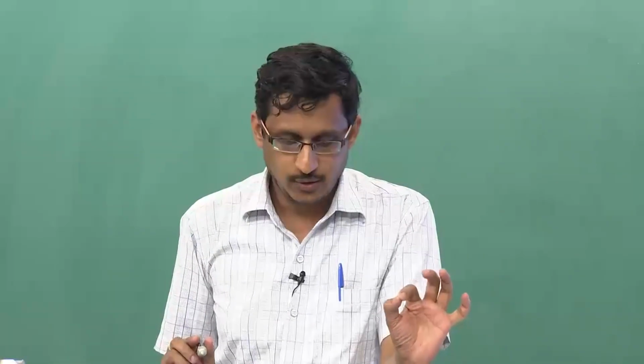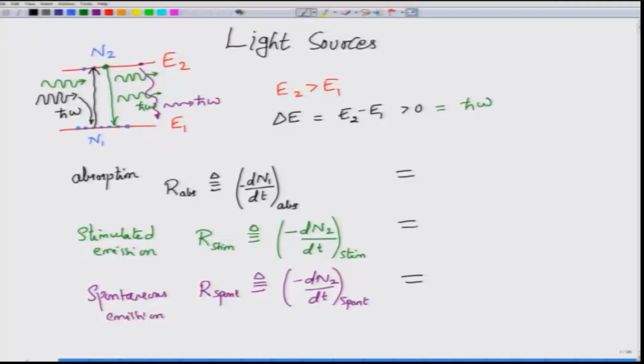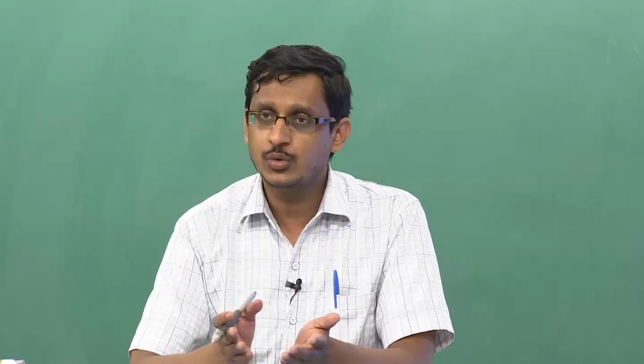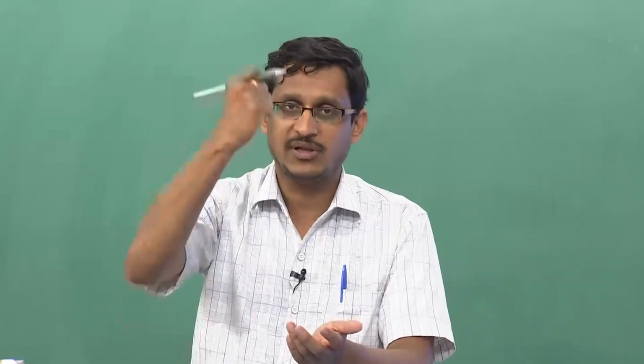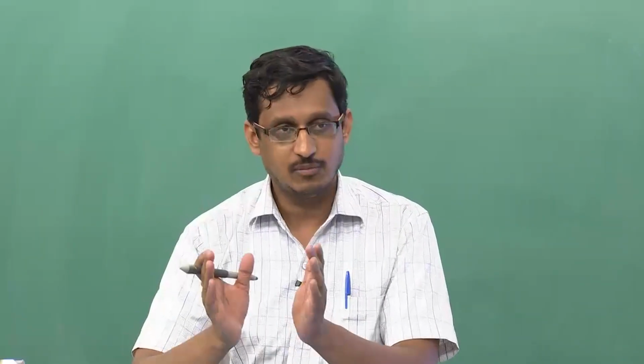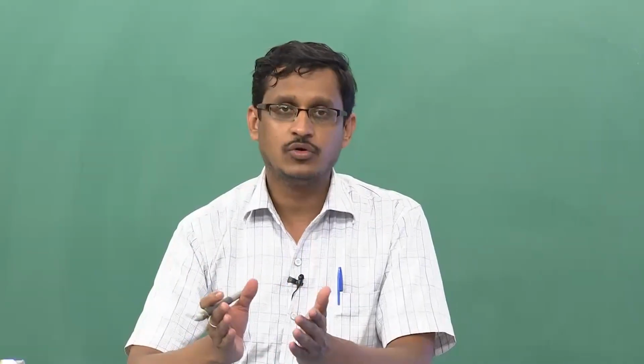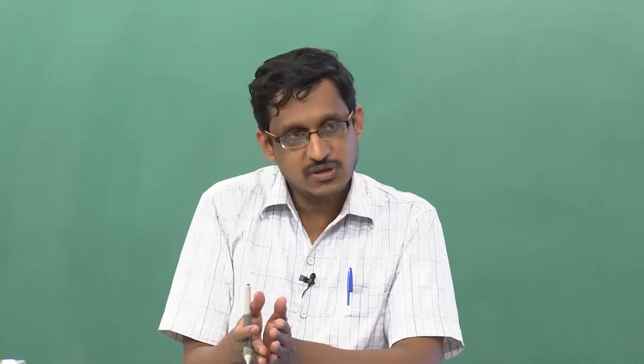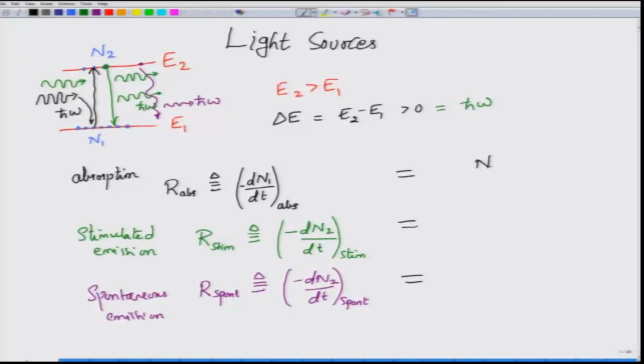What Einstein said was that the rate at which photons are being absorbed from level 1 atoms in order to go to level 2 must first of all depend on the number of atoms you have in the lower level. If you do not have any atom, there is no one who is actually absorbing this light and moving up the ladder. So first of all, this must be a function of the number of atoms in that particular level.